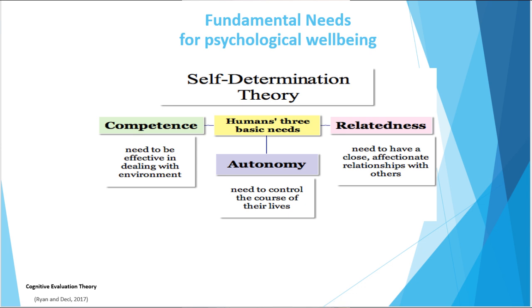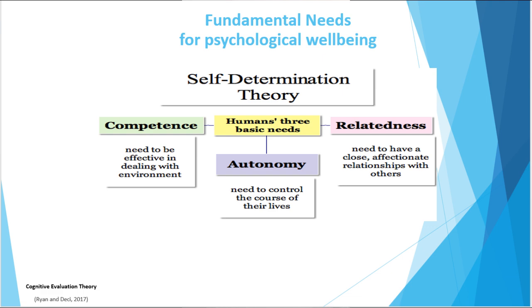Self-determination theory describes the highest quality motivation as intrinsic motivation, where a person is doing a task because they enjoy it. For that high quality motivation to occur, three elements must be available in the workplace.